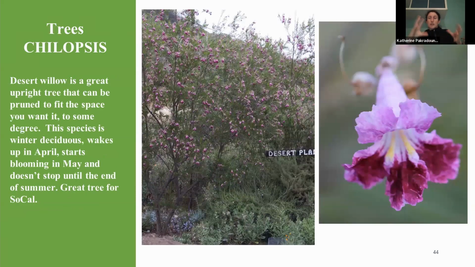And conversely, or not conversely, but on the same flip side of that, the desert willow. So the desert willow is massively adaptable, really attractive. The flowers are large, almost tropical looking. They're really attractive to hummingbirds.